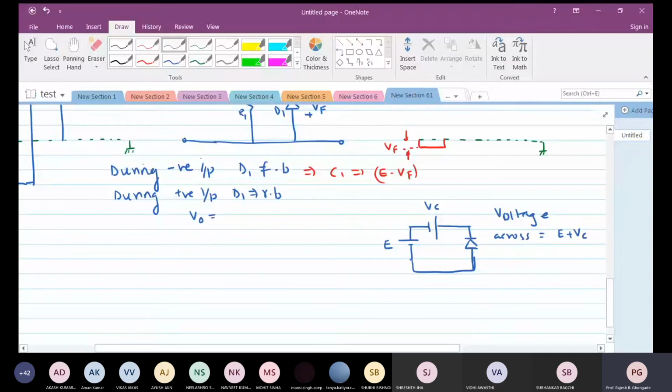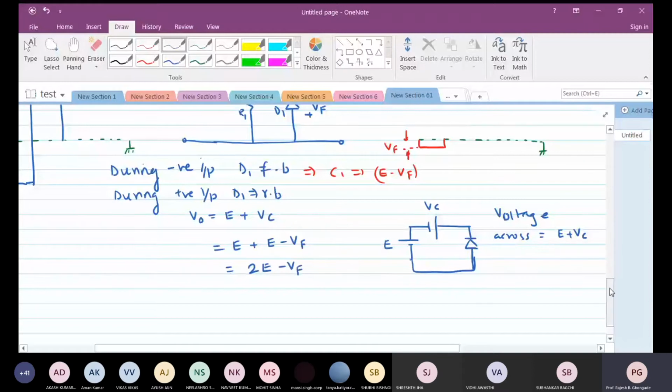Our output voltage, which is nothing but the voltage across the diode, which is nothing but E plus VC. What was VC? E minus VF.